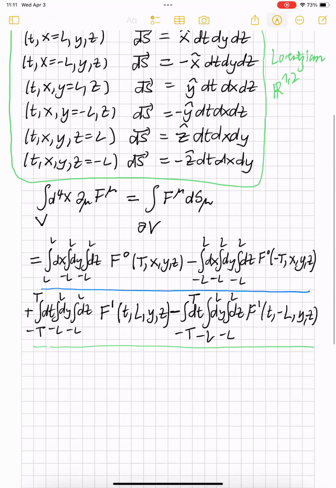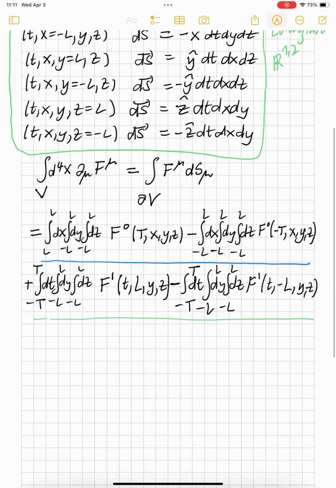Okay. Now, next, let's take a look at the side at y equal to L. So for that side, we have to integrate over t, x, and z. So let's put that in there, t, x, and z, from minus L to L, minus T to T. And now take a look at dS.